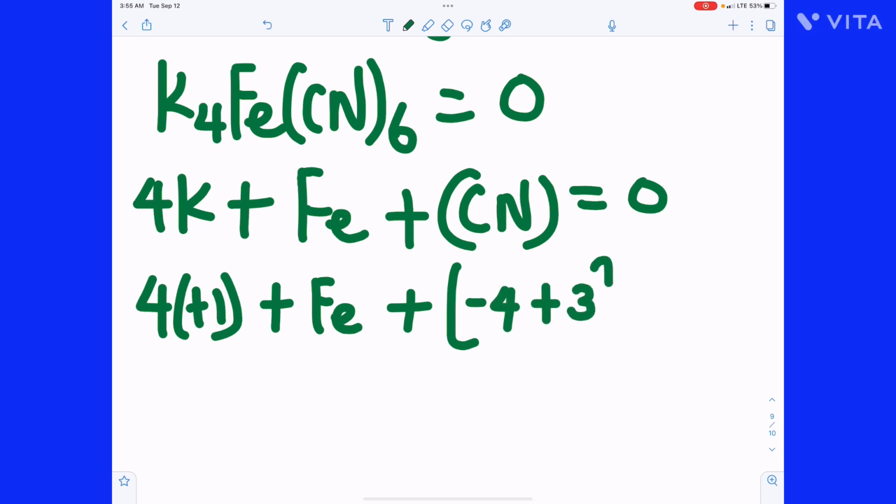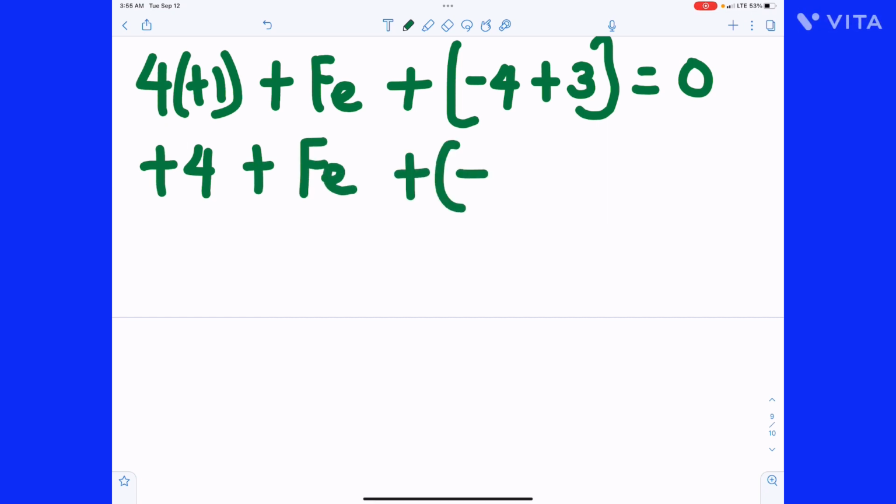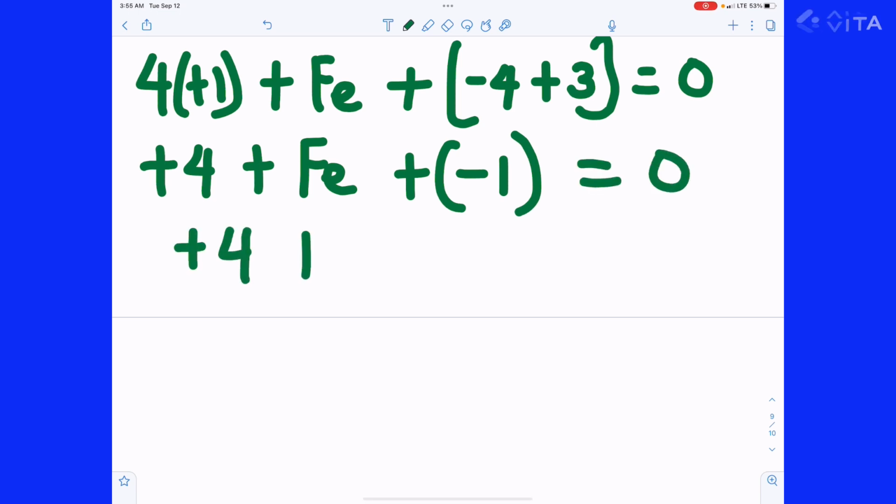Nitrogen is plus 3. So let's just put that together in a bracket. That gives us plus 4 plus Fe plus minus 3. Minus 4 plus 3 is minus 1. So that gives us plus 4 plus Fe.